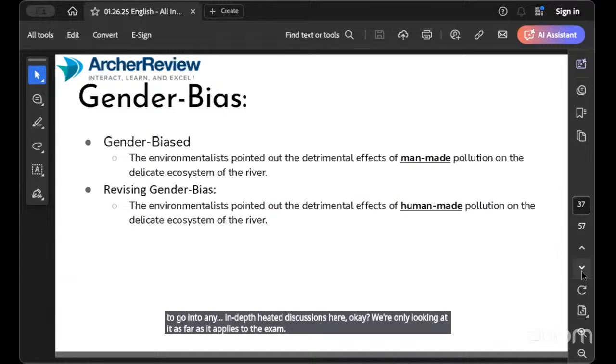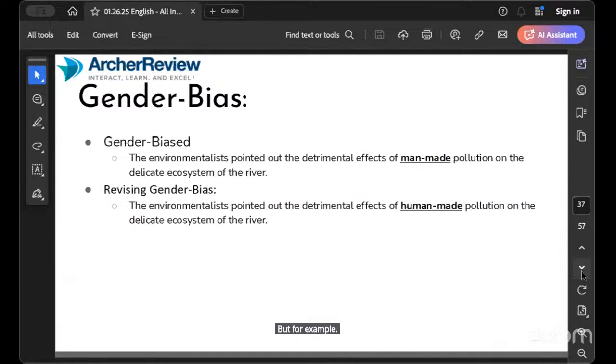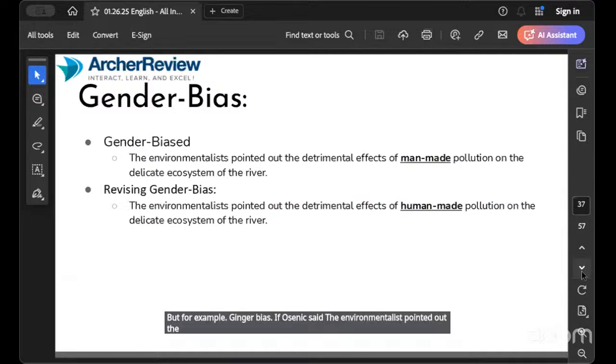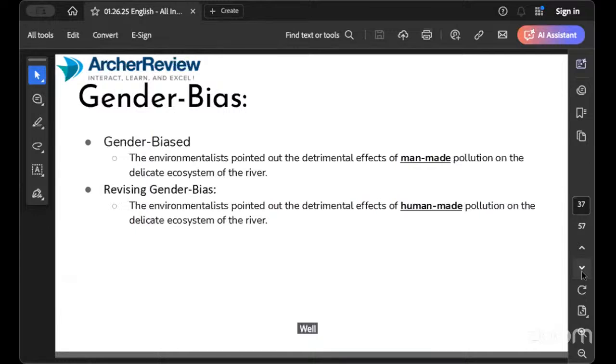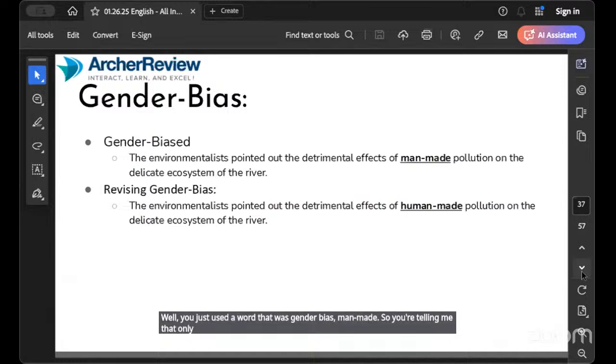But for example, gender bias. If a sentence said, the environmentalists pointed out the detrimental effects of man-made pollution on the delicate ecosystem of the river, well, you just used a word that was gender bias, man-made. So you're telling me that only men are out there in the world making pollution.